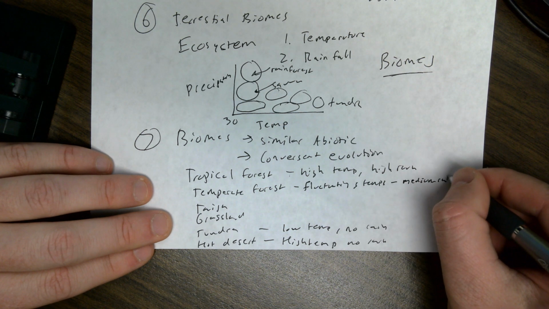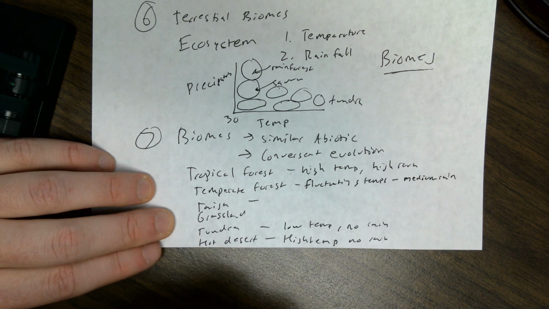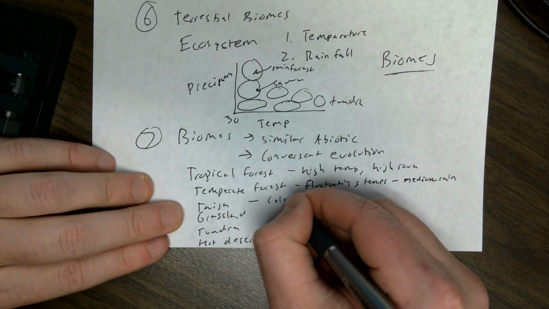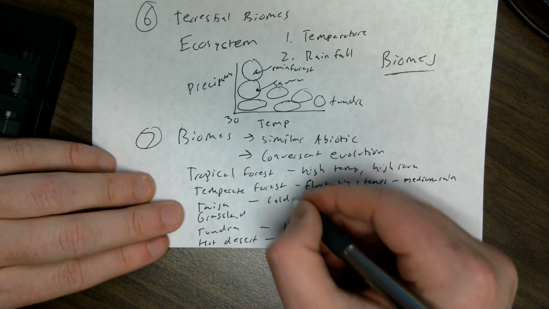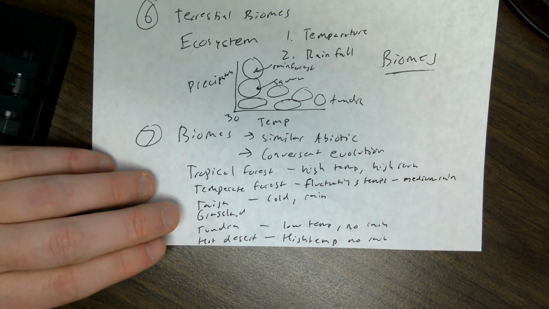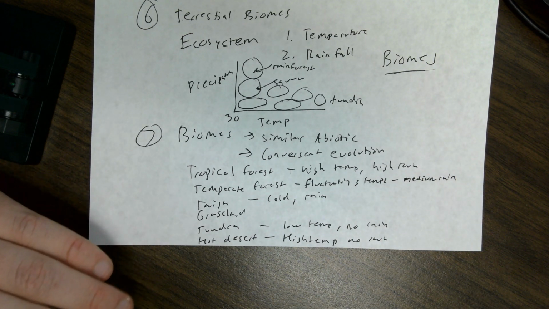At least medium rain. The taiga, on the other hand, is going to be cold, but not as cold as the tundra, and it's going to have some rain, but not a large amount of rain.